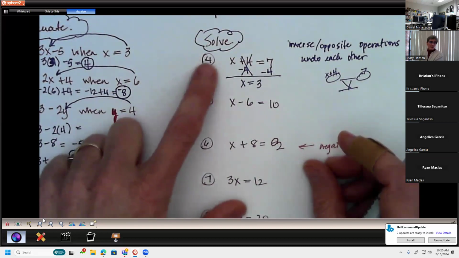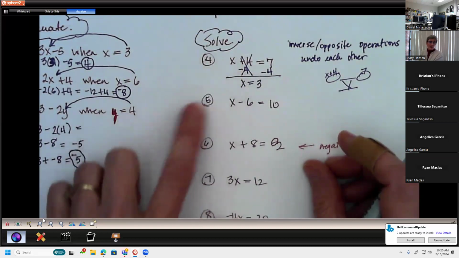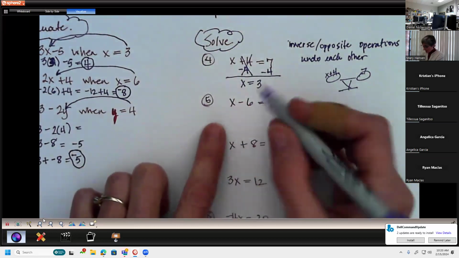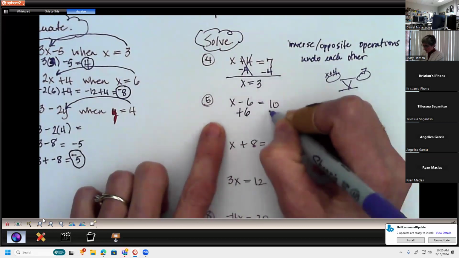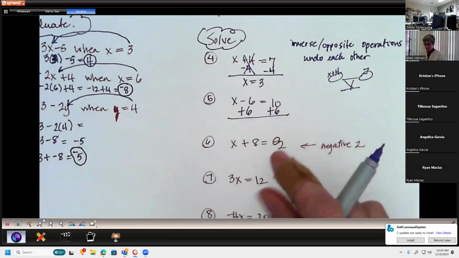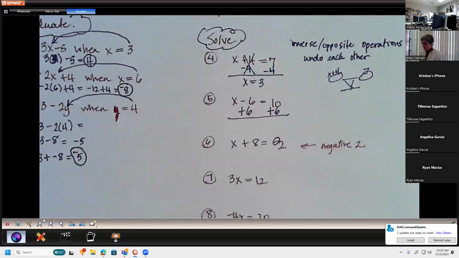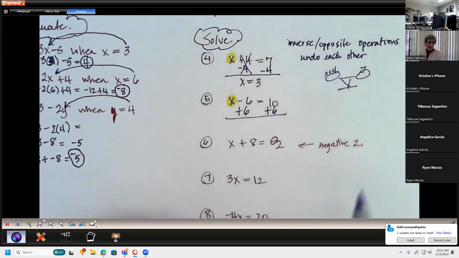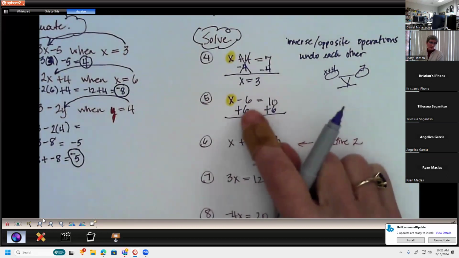So likewise, the opposite of addition is subtraction. So in number 5, we have subtraction, and the opposite of subtraction is addition. And so we want to get, I spent a lot of time highlighting things Tuesday, we want to get this variable by itself. And so we're trying to remove anything that's with it.